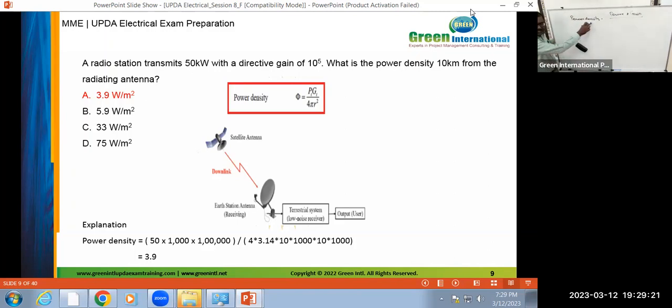Power density means the power per unit area or volume, depending upon the application. The power unit is watts and the area is meter square, so the unit for power density is watts per meter square. Here we use the area, and usually here we have a spherical shape, so we use the formula 4 pi r square.